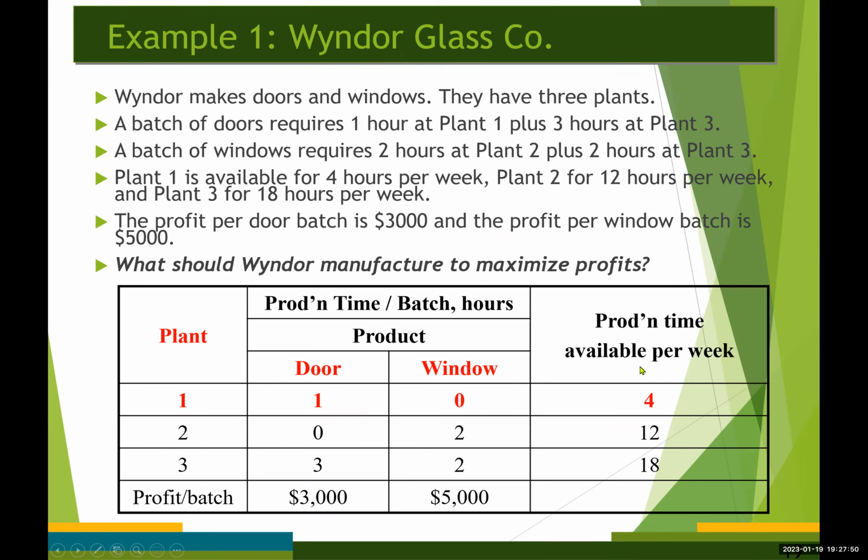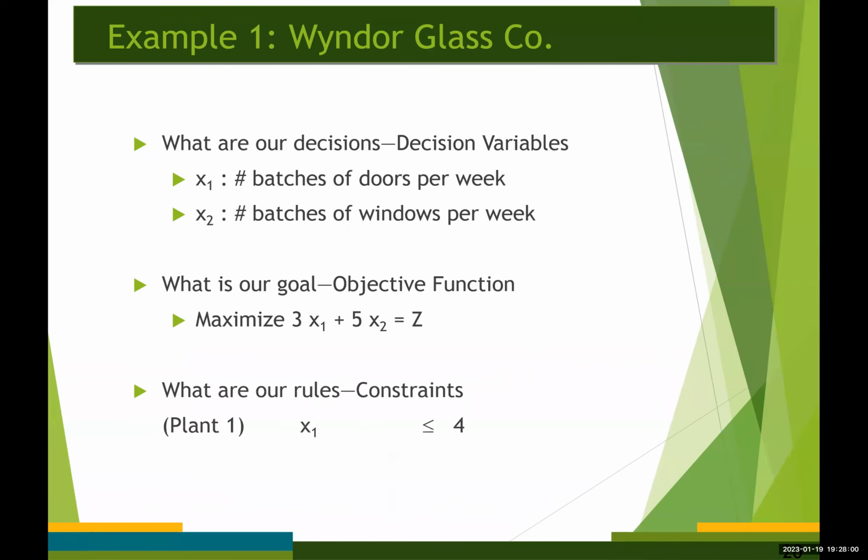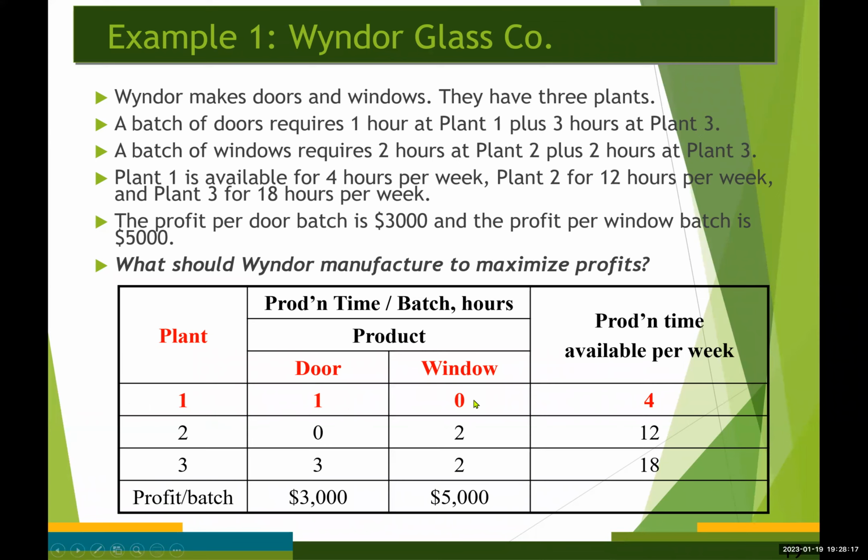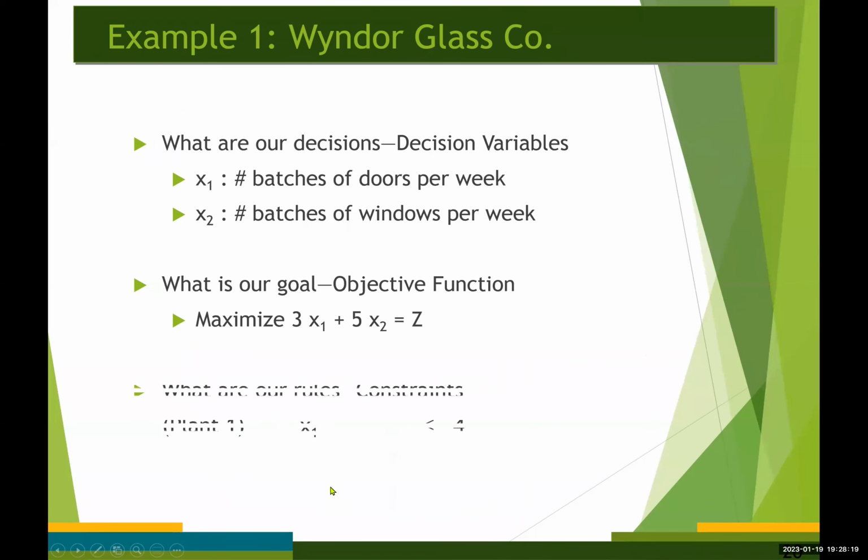So this restriction is expressed mathematically by the inequality X1 is less than or equal to 4. That is our first constraint, according to the first row of this table.